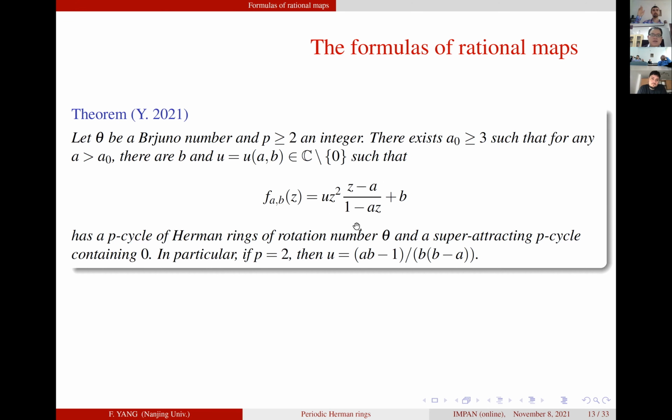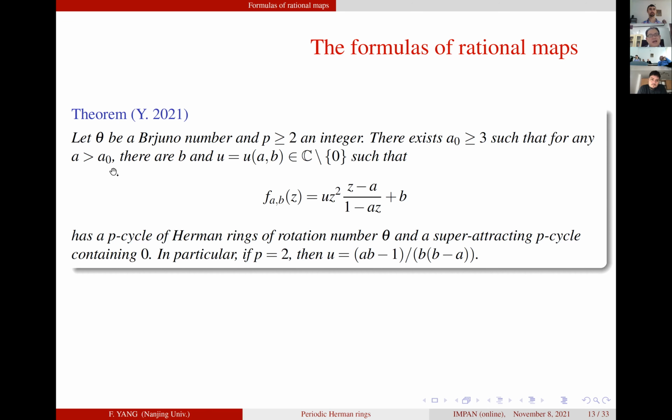Question. Yes. So here A naught depends on theta and P. You mean A? A0 doesn't depend on theta and P. That is a very good question.